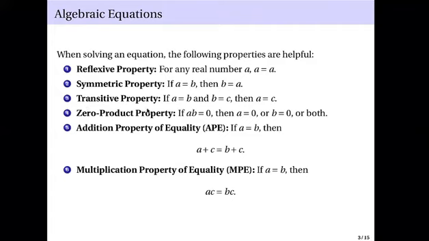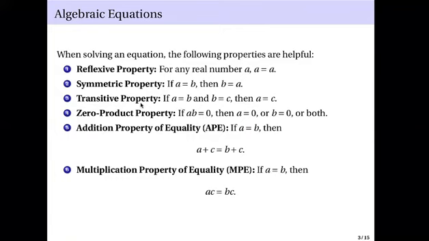Now, transitive property. So if A equals B and B equals C, then A equals C. So let us think of, again, a possible scenario. We again use siblings being the equality here, the equal sign.